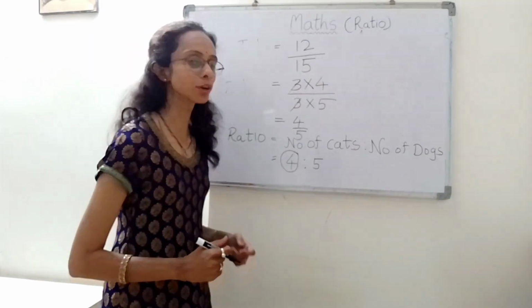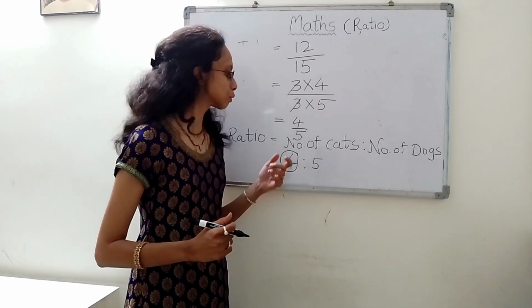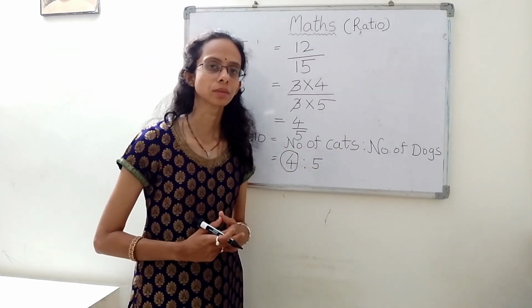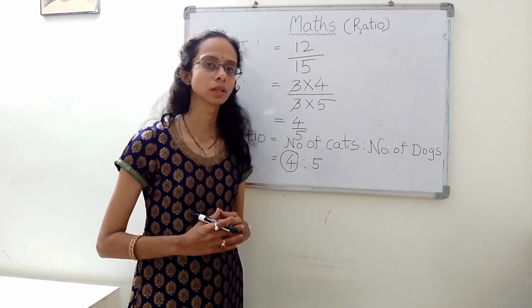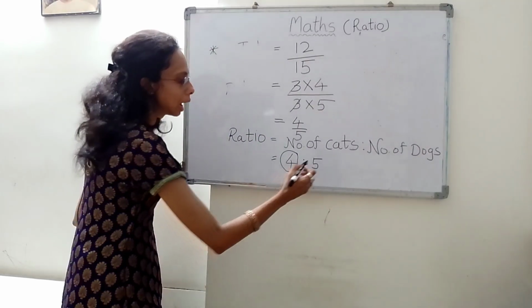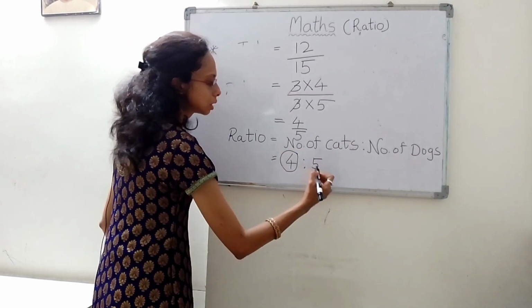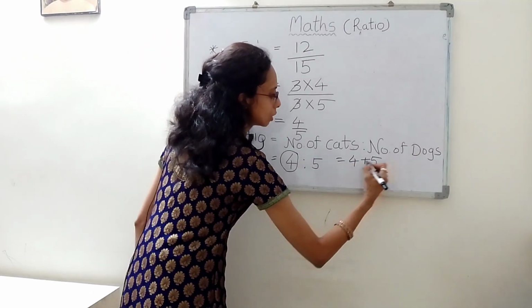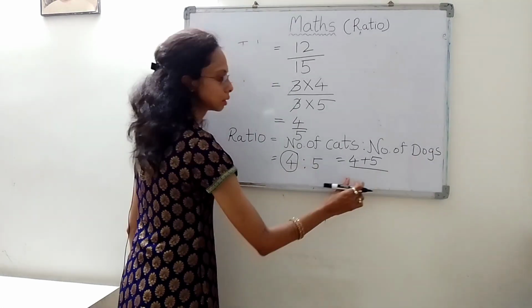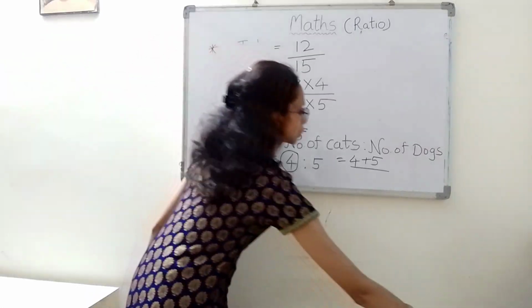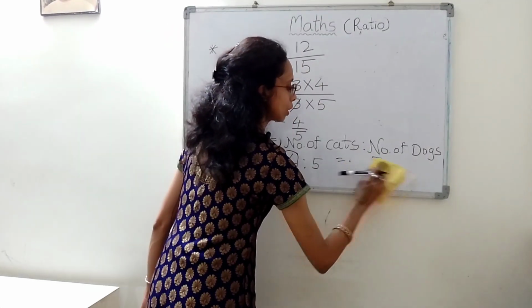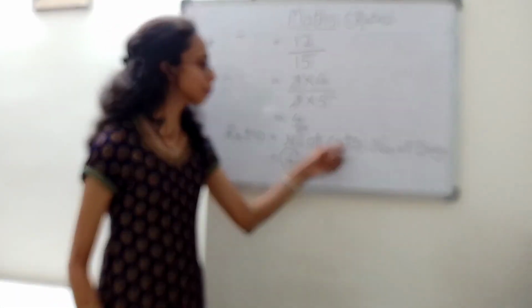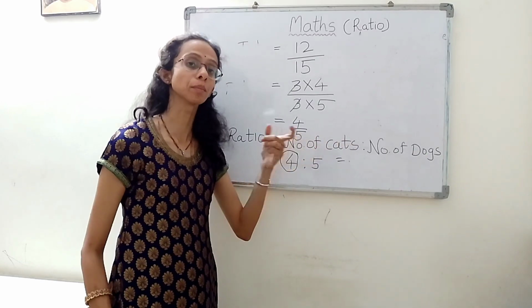So if I want to discuss what is the ratio of the number of cats to the total number of animals, how can we write it, students? Yes, we can write it as out of the total number of animals, which are 4 plus 5, 9, divided by the, what I have asked you? I have asked you the ratio of the number of cats to the total number of animals.